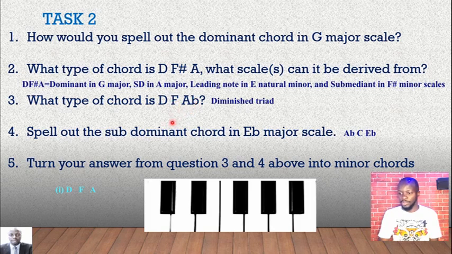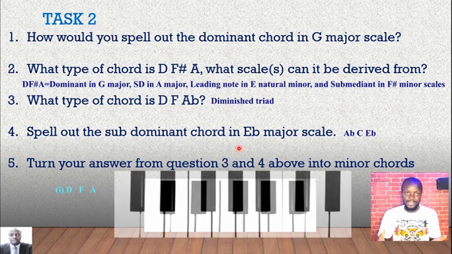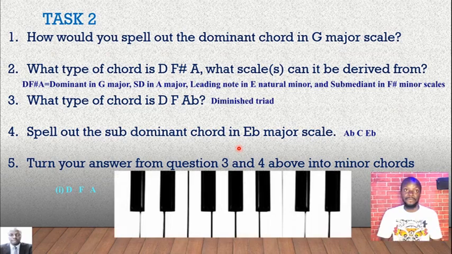So the second one says turn A flat, C and E flat, that's the A flat chord, to a minor chord. Ordinarily it's a major chord, right? So what do you do? From A flat to C is a major third, and from C to E flat is a minor third. So you have major and minor.